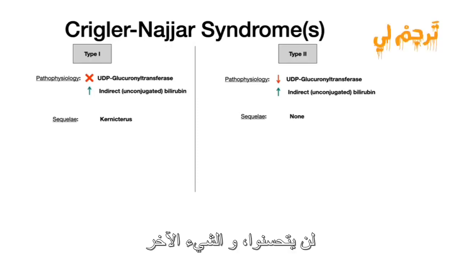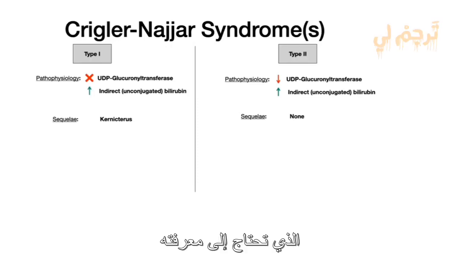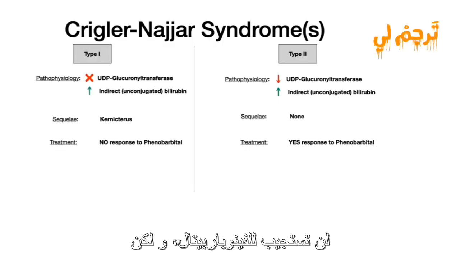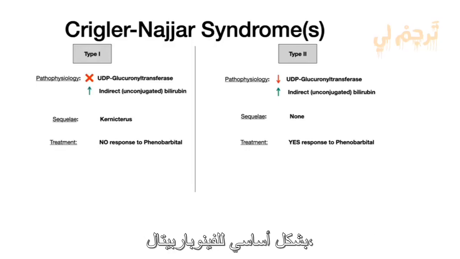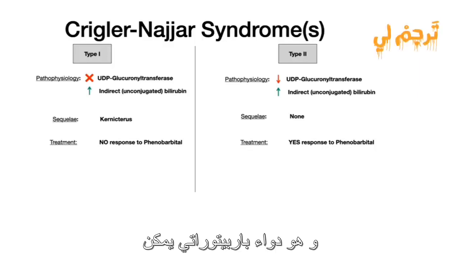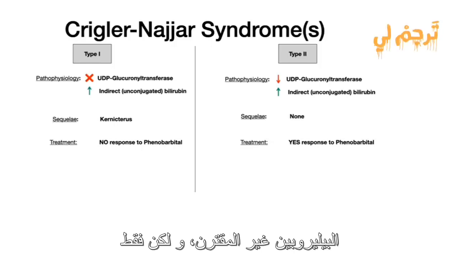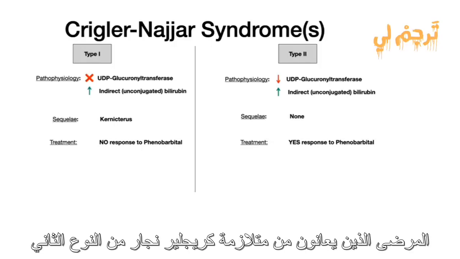The other thing that you need to know is that type 1 Crigler-Najjar syndrome will not respond to phenobarbital, but type 2 Crigler-Najjar syndrome will. Basically, phenobarbital is a barbiturate medication that can be given to decrease levels of unconjugated bilirubin, but only patients with type 2 Crigler-Najjar syndrome will have any response to that.